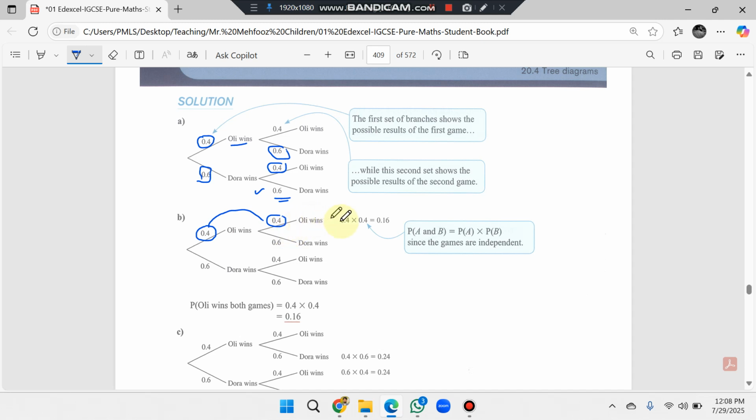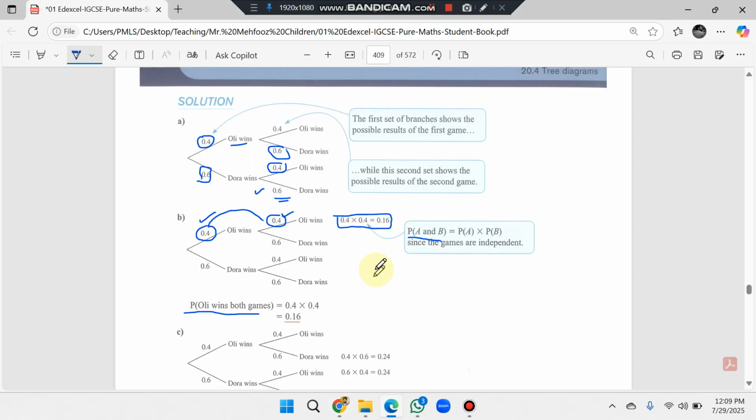So probability of A and B is equal to probability of A multiplied by probability of B. Probability of A is 0.4, probability of B is 0.4. When we multiply these probabilities, your answer will be 0.16. This is the probability that Ollie wins both games. Understand or not?